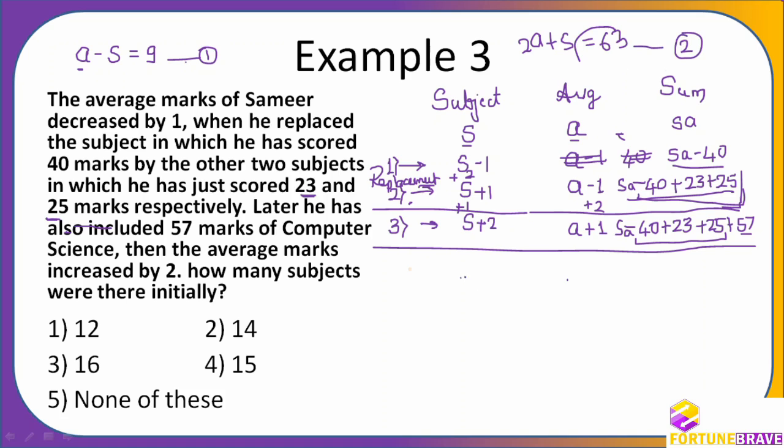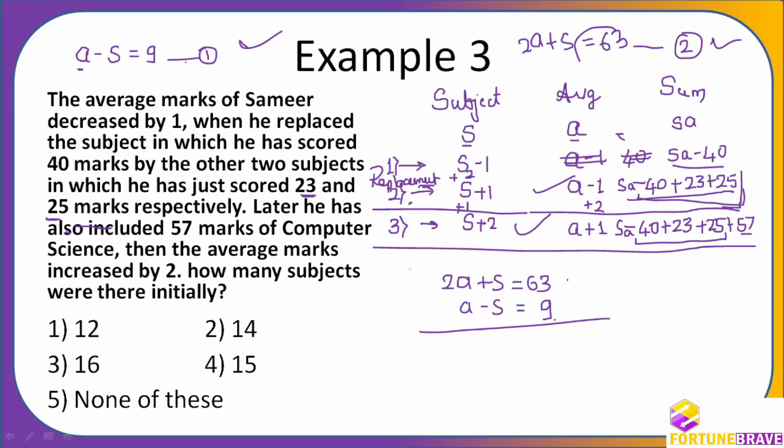So now what I did first, from this I found out this, and from this I found out this second equation. So I am going to solve it. How am I going to solve? 2A plus S is equal to 63 and A minus S is equal to 9, which we have got.